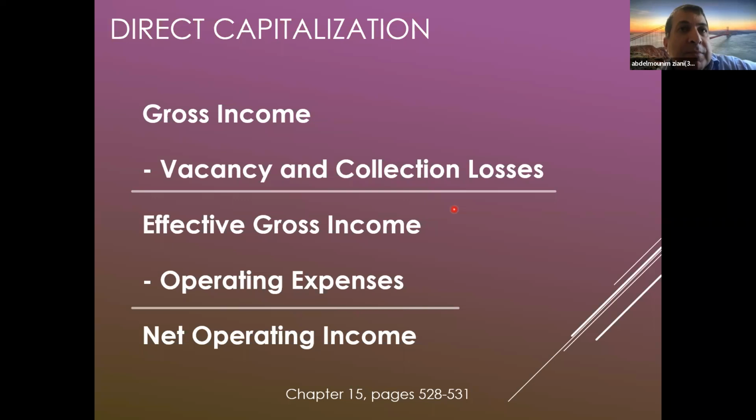Not insurance. What else is left when you pay the bank? When you make your mortgage payment? Interest? Interest. Principal and interest. Yep. So taxes and insurance are considered operating expenses. What's not considered an operating expense is your principal and interest payment, the payment you make to the bank.